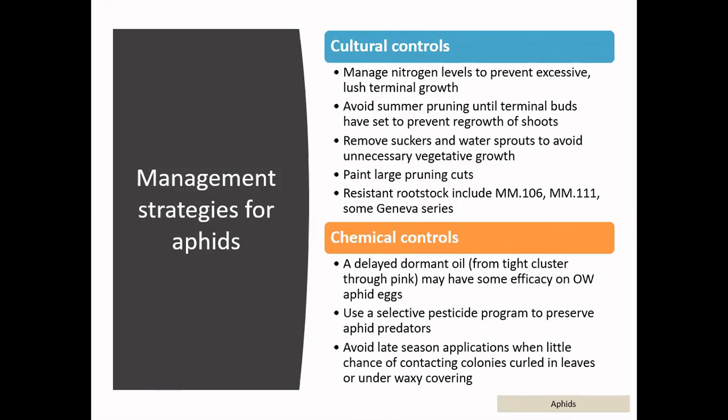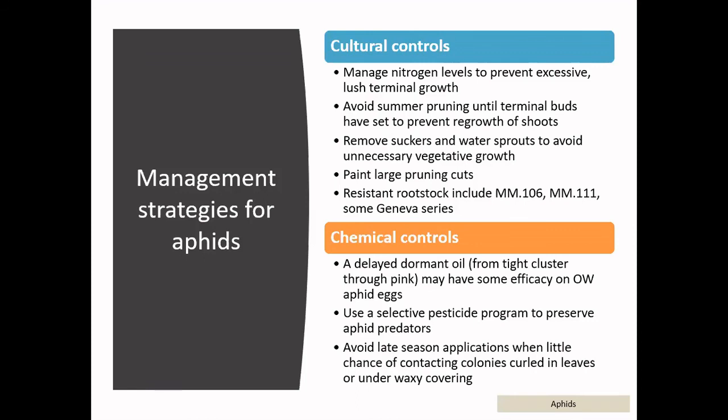There are some resistant rootstocks to woolly apple aphid available on the market. However, this isn't transferred to the scion. So these resistant rootstocks work against the root populations of woolly apple aphid. Any aerial populations up in the foliage are not going to be controlled with resistant rootstocks.